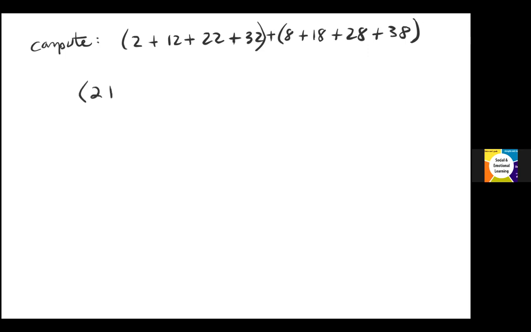So we got 2 plus 38. That's a good suggestion. Before we start using brackets, I'm just going to say 2 plus 38 plus 12 plus 28 plus 22 plus 18 plus 32 plus 8.